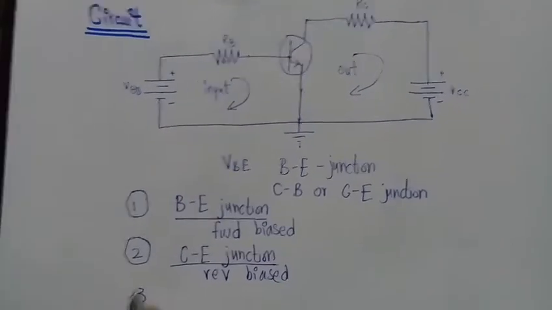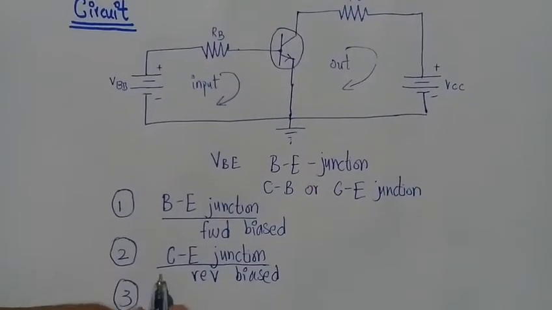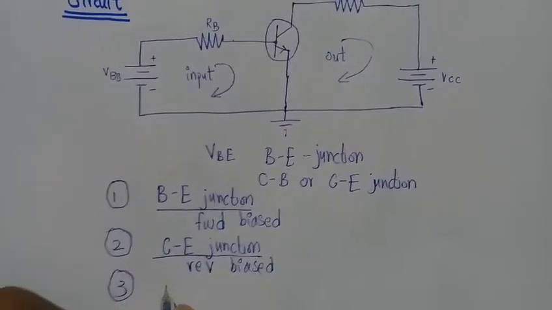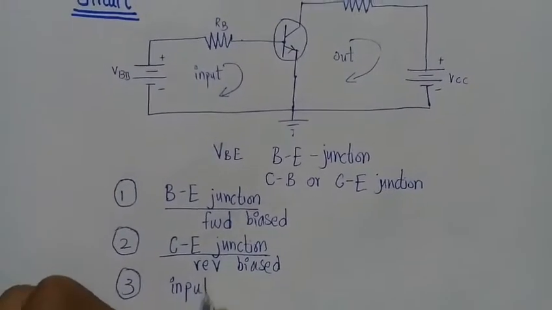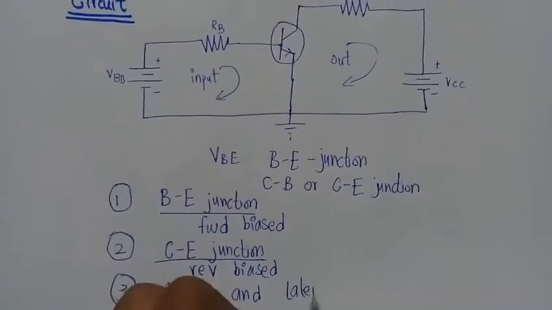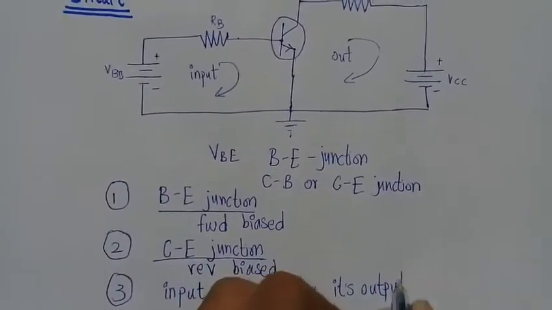So guys, the third step to solve any circuit of the common emitter configuration is that you will first have to solve its input loop and later its output loop.